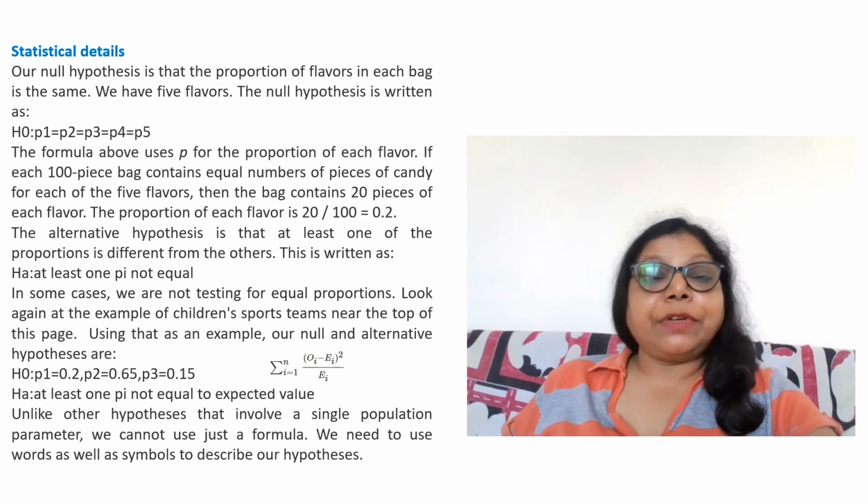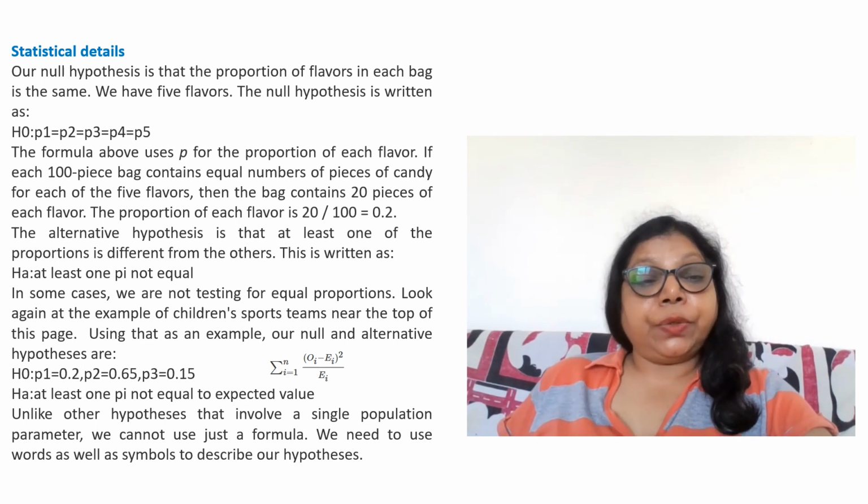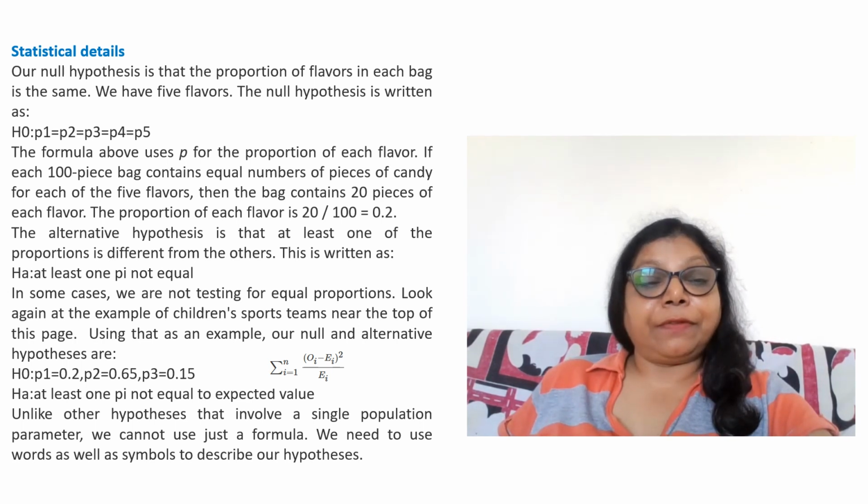In some cases, we are not testing for equal proportions. Look again at the example of the children's sports team near the top of this session. Using that as an example, our null and alternative hypotheses are H0: P1 = 0.2, P2 = 0.65, and P3 = 0.15.